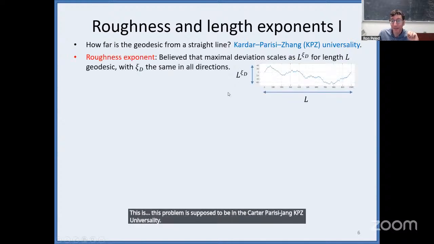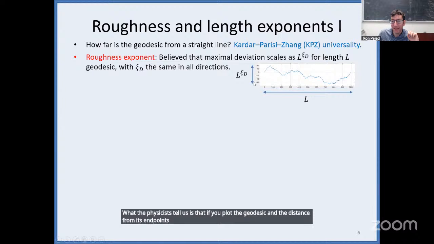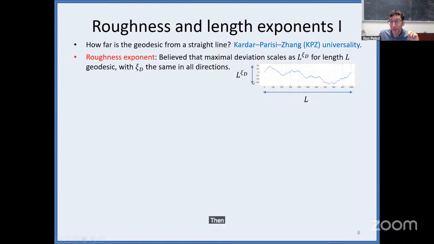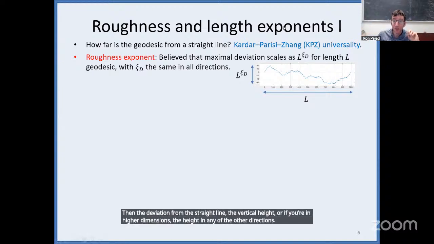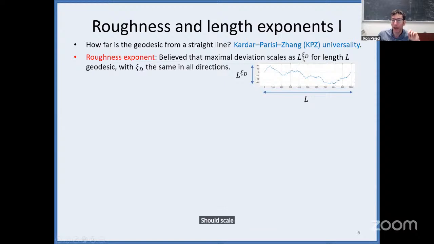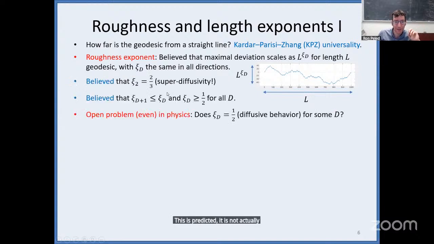What the physicists tell us is that if you plot the geodesic and the distance from its endpoints is L, then the deviation from the straight line, the vertical height, or if you're in higher dimensions, the height in any of the other directions, should scale like L to a power called psi. Psi d, and psi depends only on the dimension, does not depend on the direction in which you're heading. The same in all directions. This is predicted. It is not actually proved.